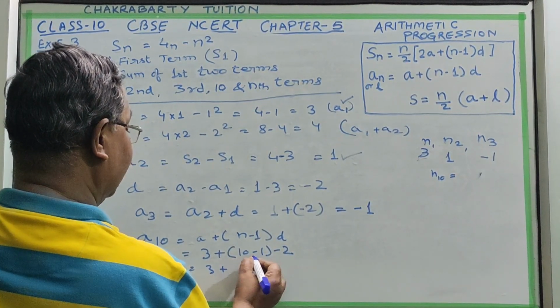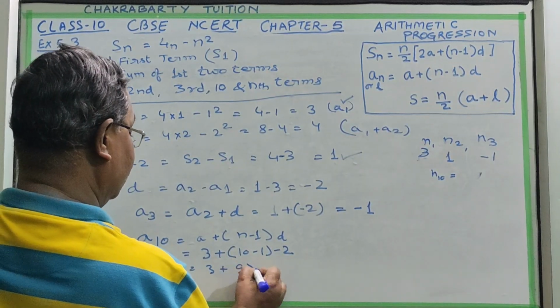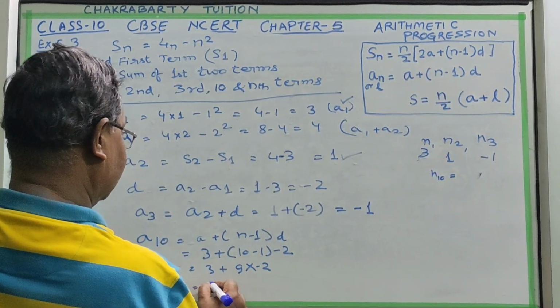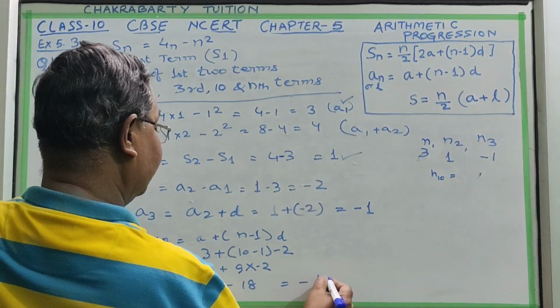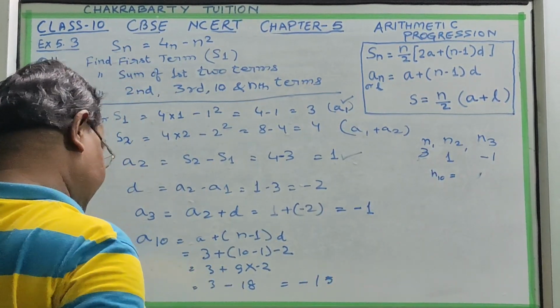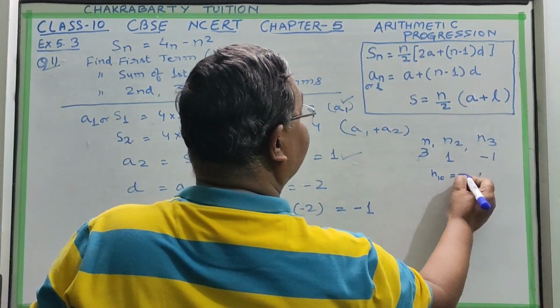Here 9 into minus 2. 9 into minus 2. So 3 minus 18 is equal to minus 15. It will become minus 15. So a10 will be minus 15.